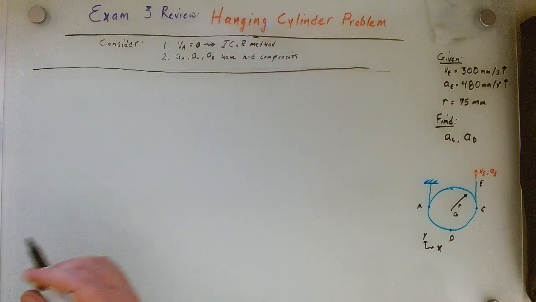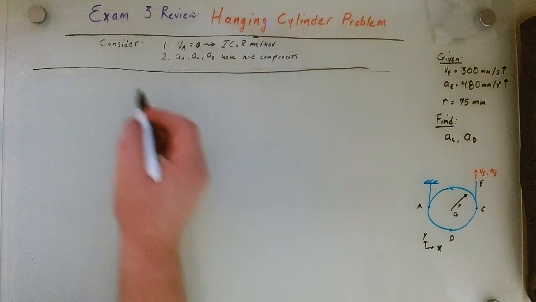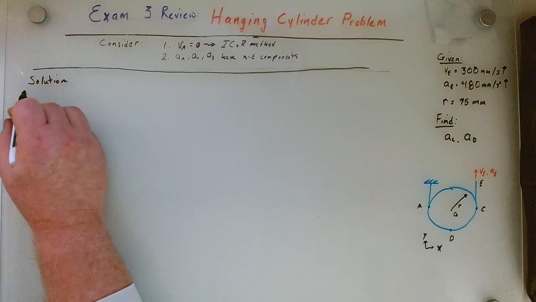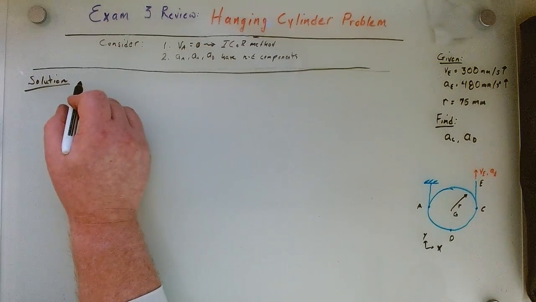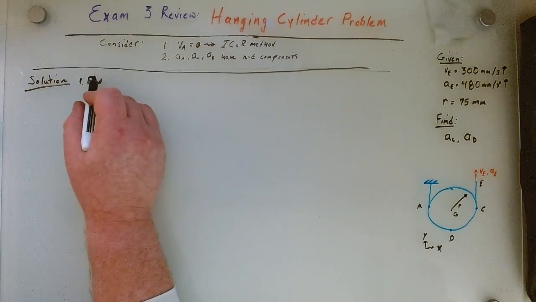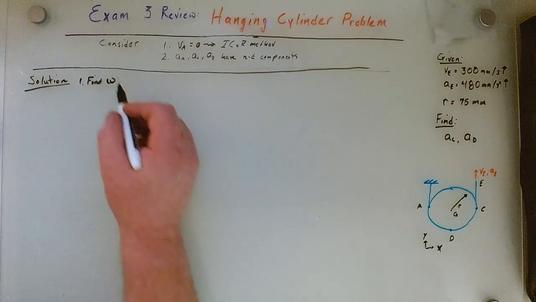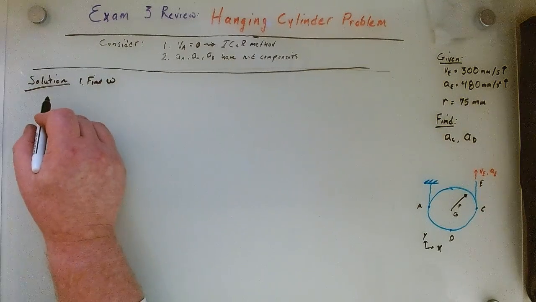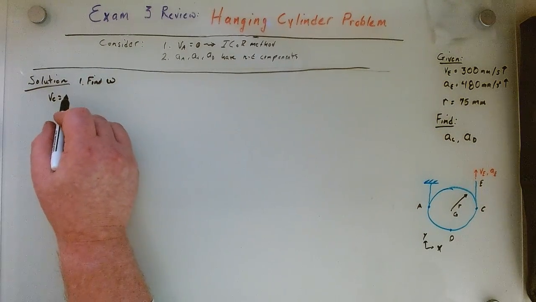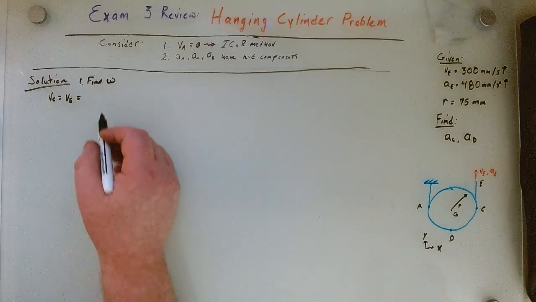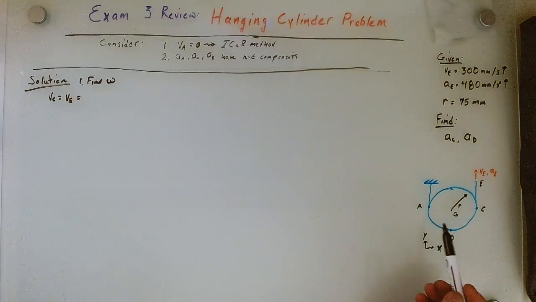All right, welcome back. Let's get to solving this thing. This is our solution. Step 1, let's find the omega value. We can do that using the instantaneous center of rotation method, right? So v sub C is equal to v sub E, and that is equal to r cross omega.